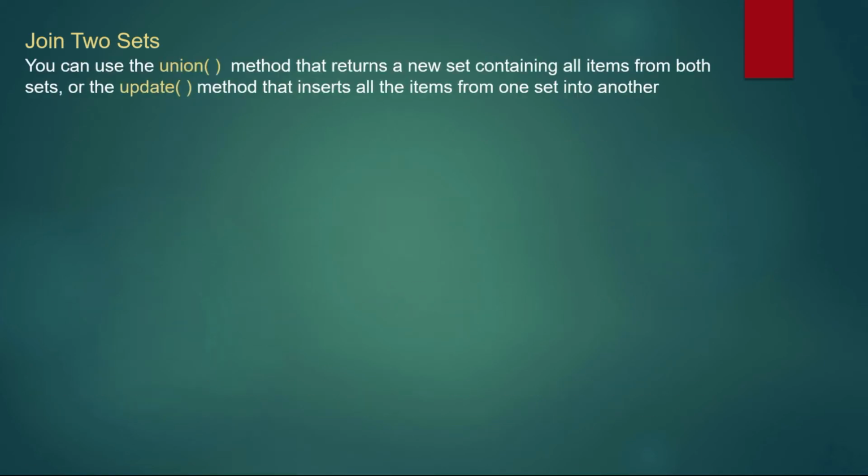Next we want to see how to join two sets by using the union or update methods. You can use the union method that returns a new set containing all items from both sets, or the update method that inserts all the items from one set into another. How will we see that?